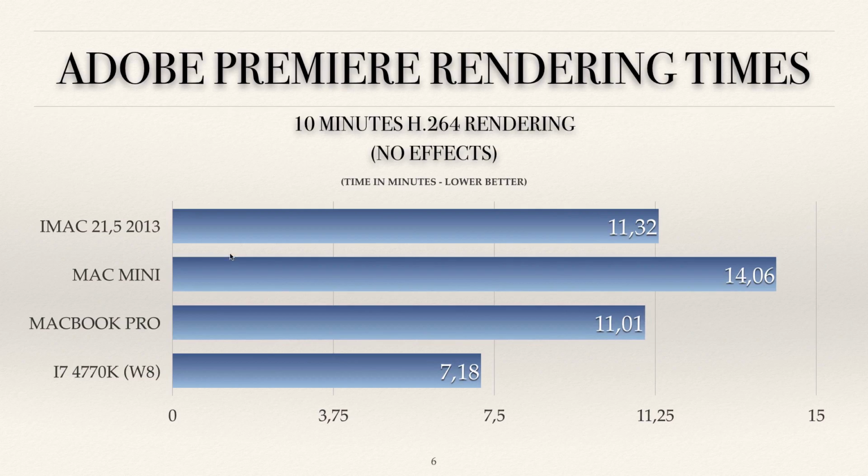Now this is a graphic that you are used to seeing if you are a subscriber or watched some of my previous videos, and all these three have been done for quite a while. This is the new test, just to compare to other machines.